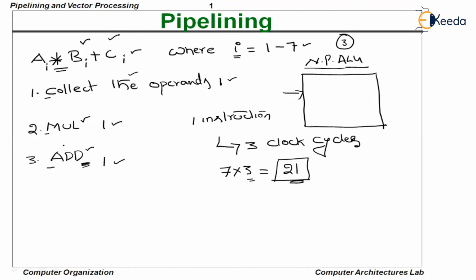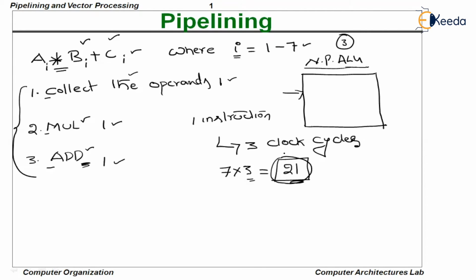In general, the ALU will take different numbers of clock cycles for multiplication and addition, because multiplication is a complex operation where repeated addition must be performed, and addition will take only 1 clock cycle. So it is only an assumption. A non-pipeline system will take 21 clock cycles.